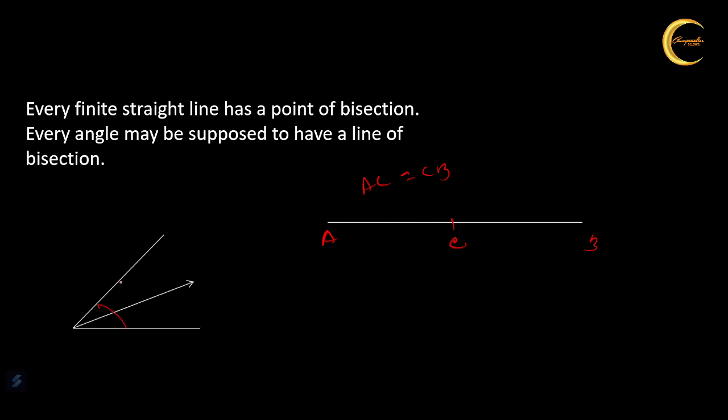So this is the angle, and we can draw a line which can bisect this angle. This is A, B, C, and this is D. So angle ABD equals angle DBC.